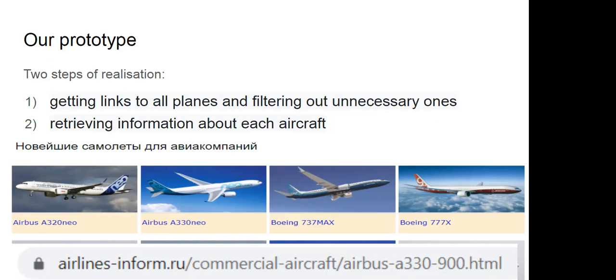As you can see, one of the advantages of this site is that pages which contain information about aircraft have a specific URL: first aircraft, and after that the aircraft name. If duplicate links are encountered during the selection process, they are also eliminated.